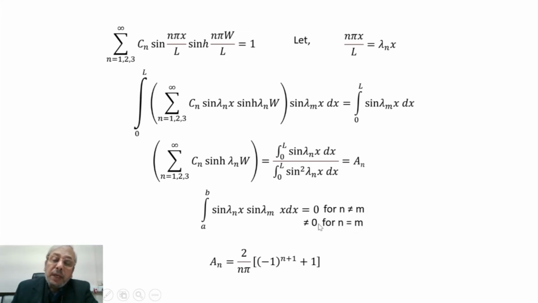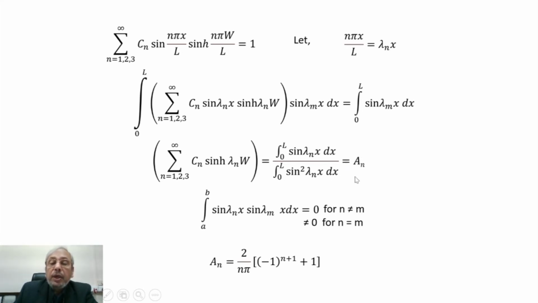The integral of sine lambda n x dx divided by the integral 0 to L sine square lambda n x dx is an. It is given by 2 by n pi into minus 1 to the power n plus 1 plus 1.